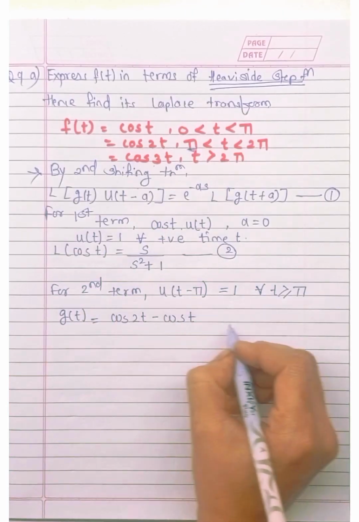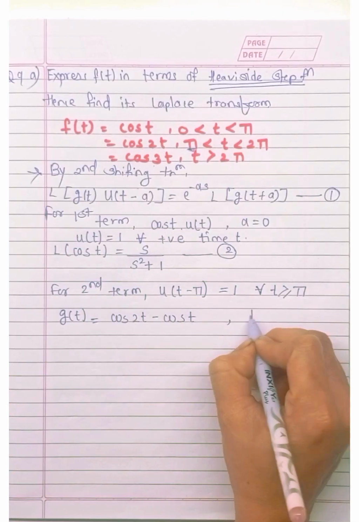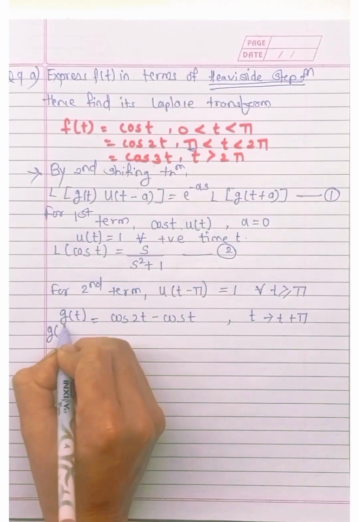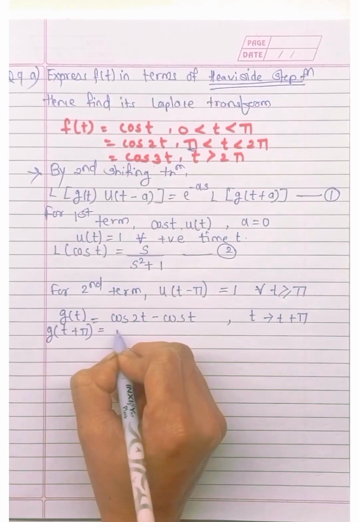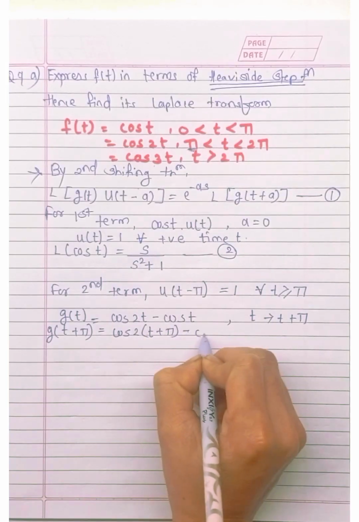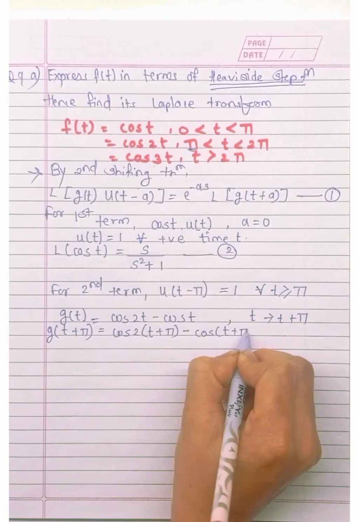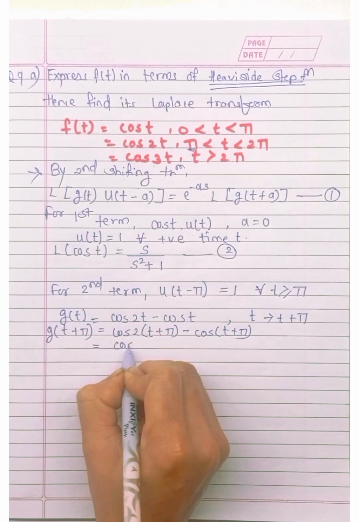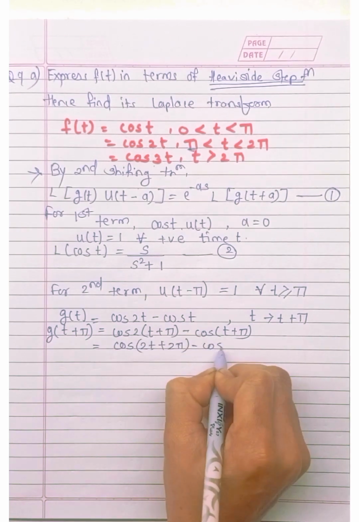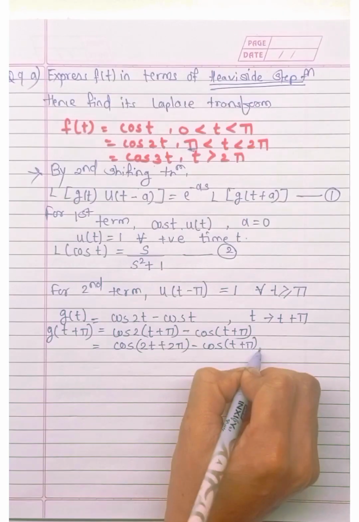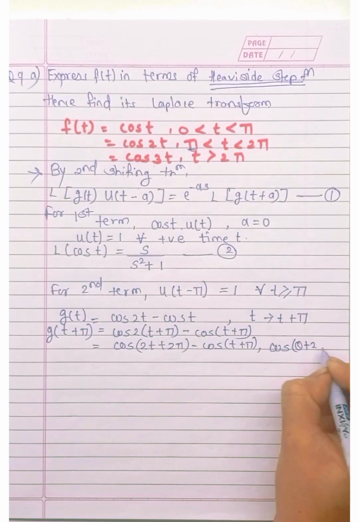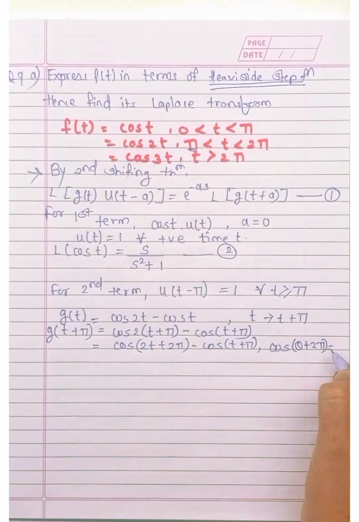So now as the value of t shifts from t to t plus pi, we can write here g of t plus pi is cos of 2 of t plus pi minus cos of t plus pi. So simplify further, you will get cos of 2t plus 2 pi minus cos of t plus pi. Now here we are applying the trigonometric identity of the cos function. What is the value of cos of theta plus 2 pi?